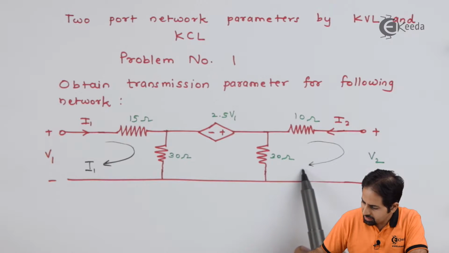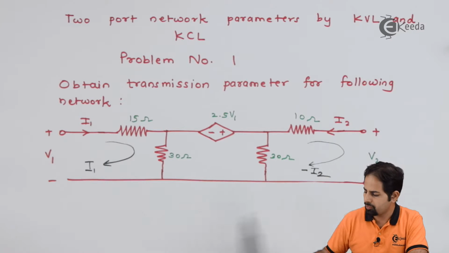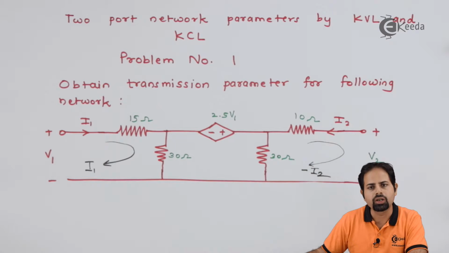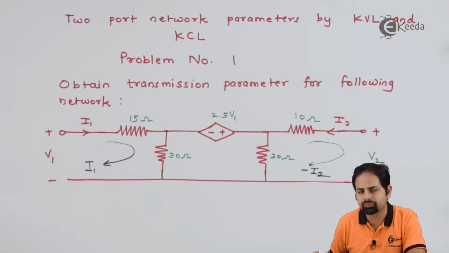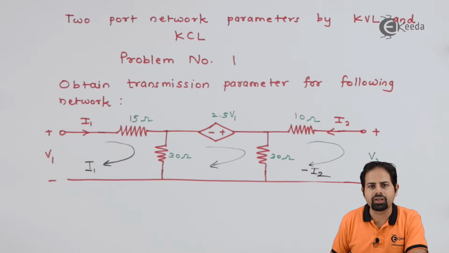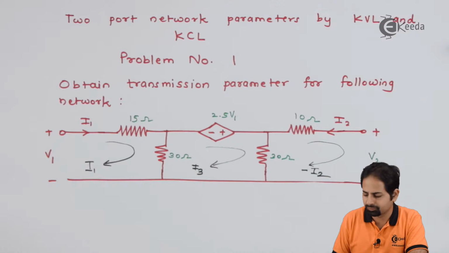I will call this current as minus of I2, because this I2 is going to my left and my I2 is going to right, so this is minus of this, and this current will be called as I3. And now by using mesh analysis we'll get three equations, and maybe by substituting few terms we'll get the answer.